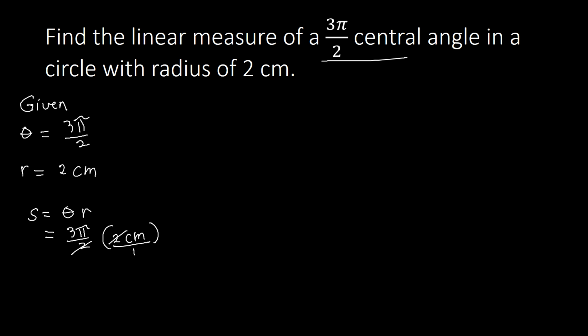So we cancel that; this becomes 1, while this 1 becomes 1 as well. So simplifying, our S here is equal to 3 pi times 1 is 3 pi, and then 1 times 1 is 1. So we copy the unit, which is cm. Our arc length here, or the linear measure, is 3 pi cm.